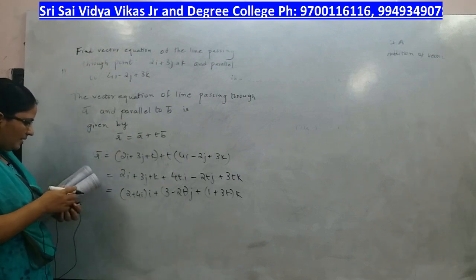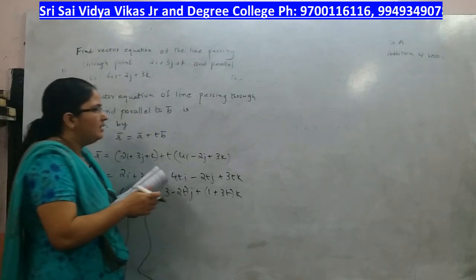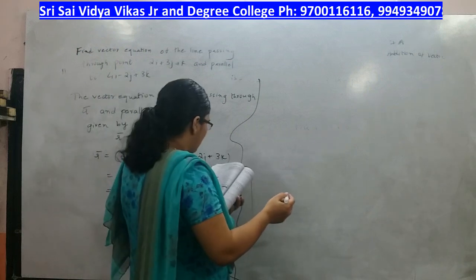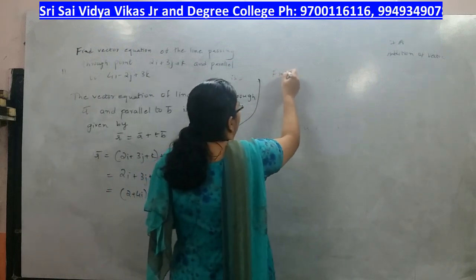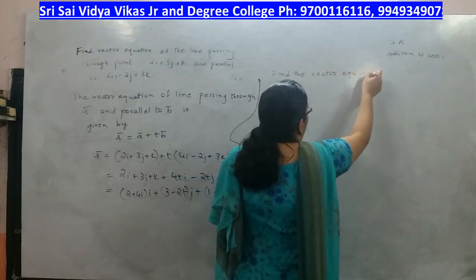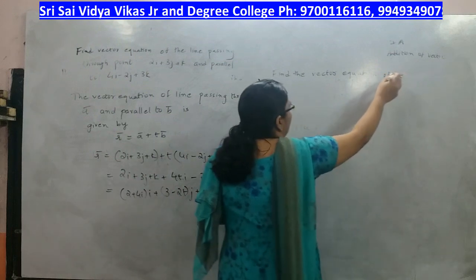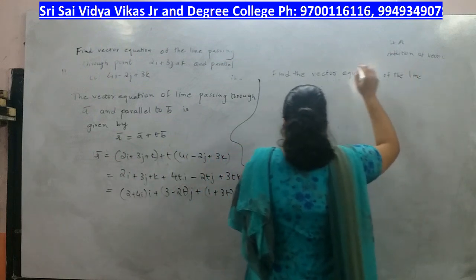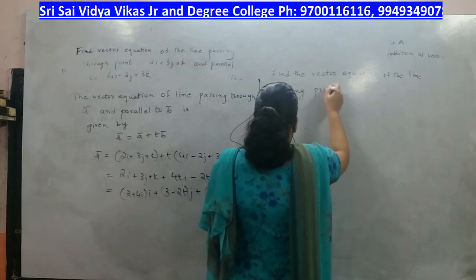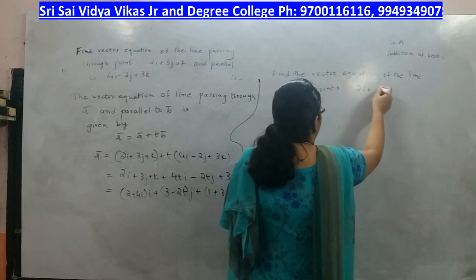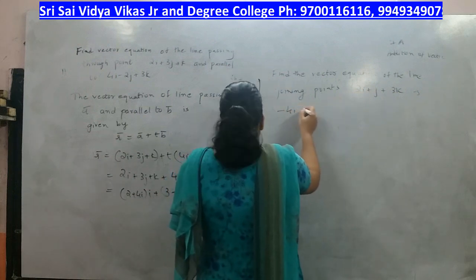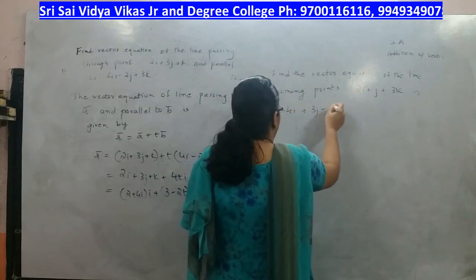Next one, find the vector equation of the line joining points 2i plus j plus 3k and minus 4i plus 3j minus k.